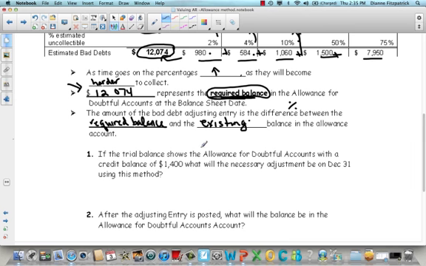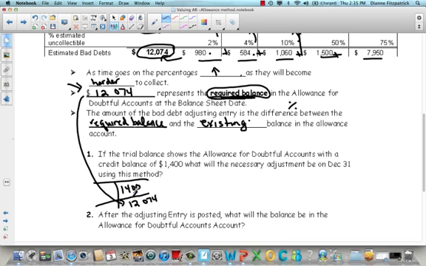If the trial balance shows the allowance for doubtful accounts with a credit balance of $1,400, so let's say the allowance for doubtful accounts was $1,400, what will the necessary adjustment be on December 31st? So remember, we want our required balance to be $12,074.